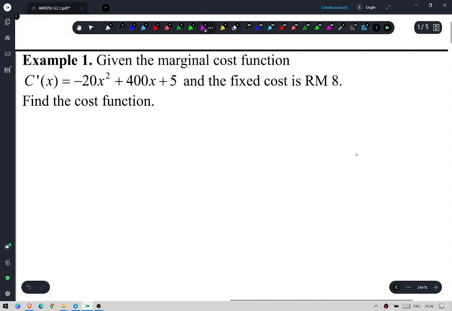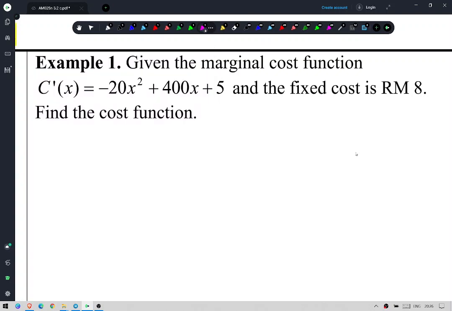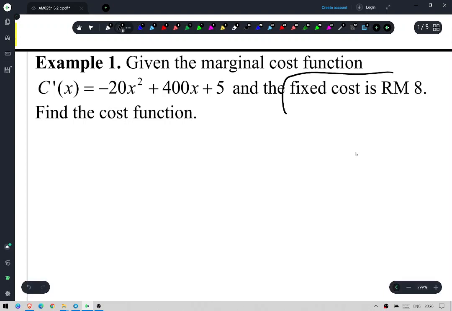Let's get started with the first example. Given the marginal cost function, this function, and the fixed cost is RM8. So C(0) equals 8. Find the cost function.